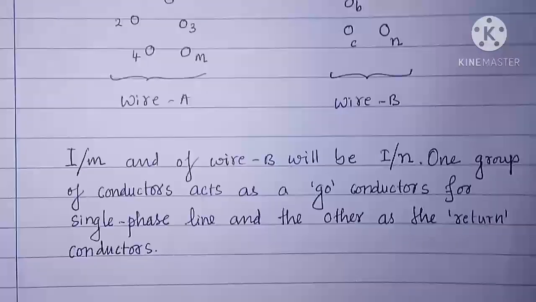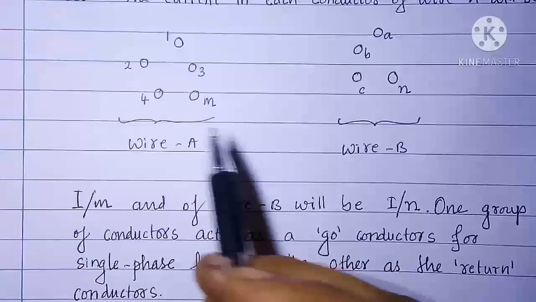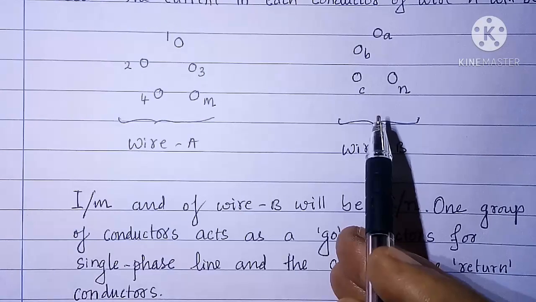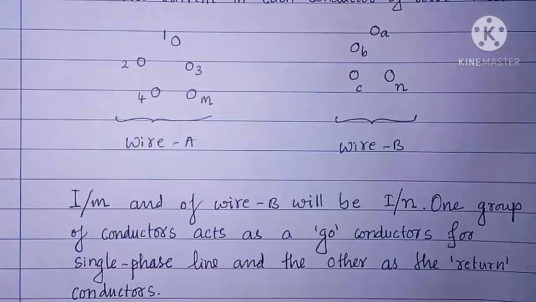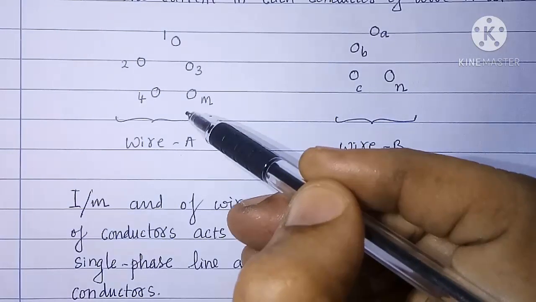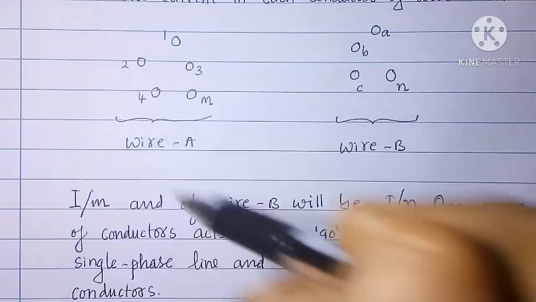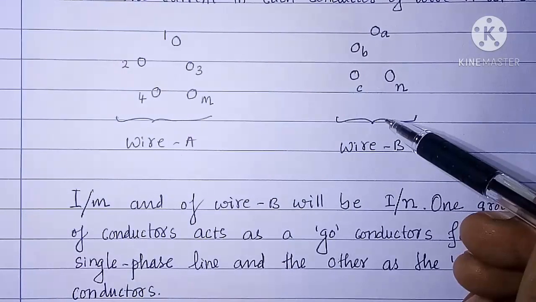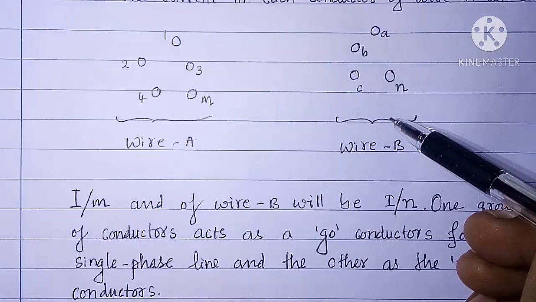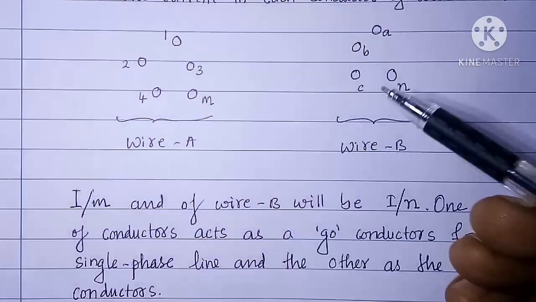It simply means that the direction of current flowing through wire A and wire B are opposite to each other. In other words, if current through wire A is flowing into the base, then current in wire B will be flowing out of the base.